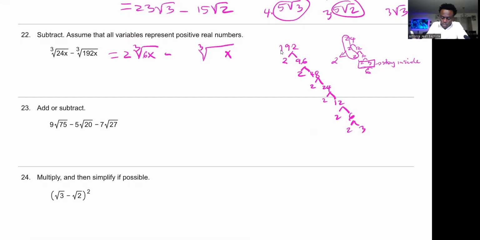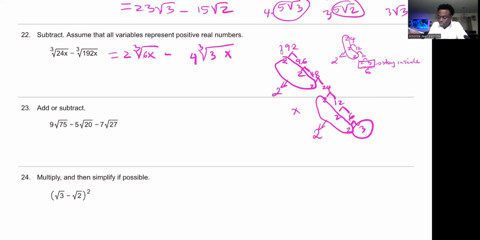Index is 3, so I'm gonna make groups of 3. I got 1 out and another 3, 2 factors, another 1 out, multiply them, no more groups, so that's 4, right? And then there's a 3 that stays inside, so that's what I get inside here. 3.